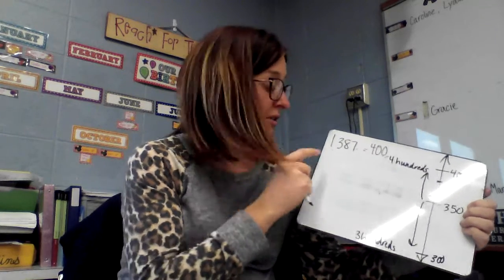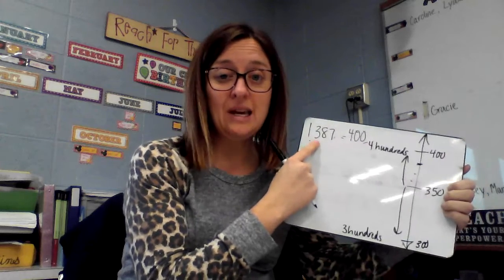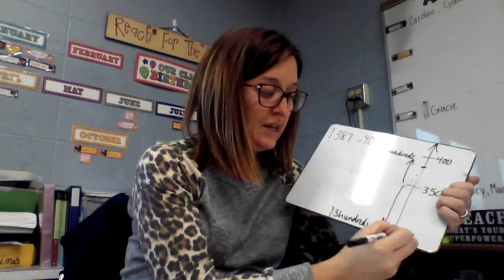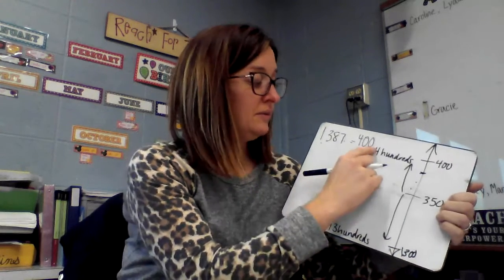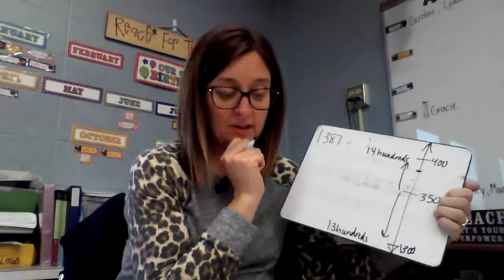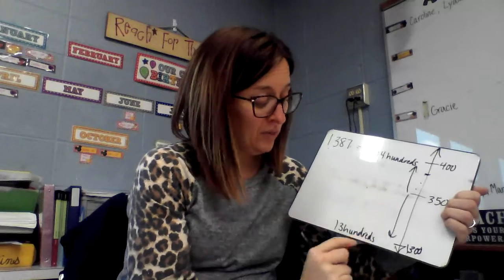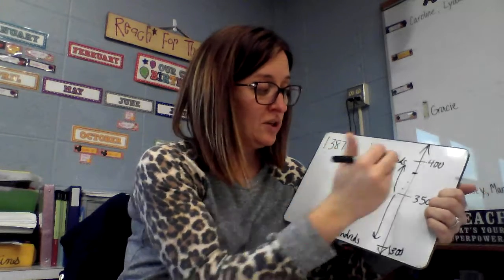There are, you said it, 13 hundreds now. So instead of having 300s, I'm going to have 1,300. What's one more than 1,300? If you say 1,400s, you are correct. And then what's halfway between 1,300 and 1,400?